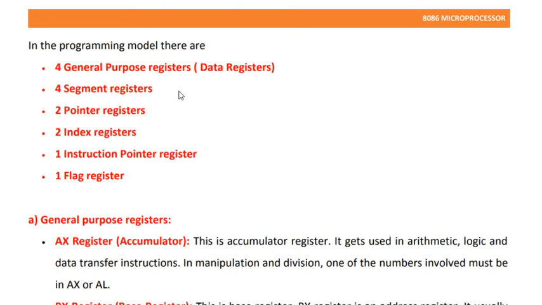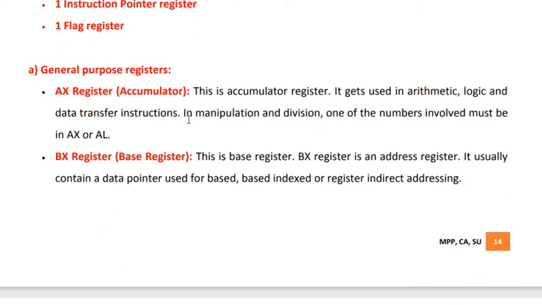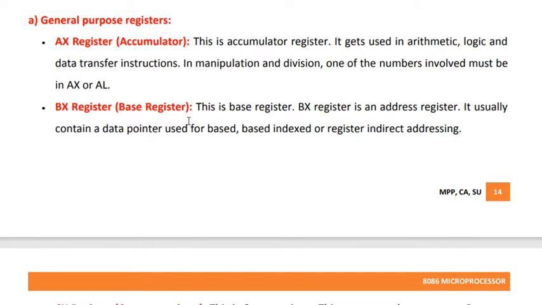As said, the programming model has 4 general purpose registers, 4 segment registers, 2 pointer registers, 2 index registers, 1 instruction pointer, and 1 flag register. Now, let us try to understand the purpose of the general purpose registers. The AX register is also known as the accumulator register.